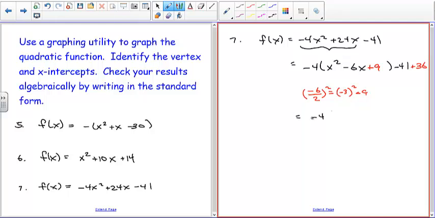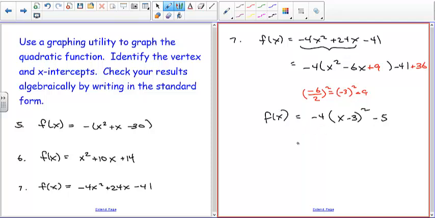Then we take the term in the parentheses and write that as a complete square, which is going to be x minus 3, quantity squared. And then we have negative 41 plus 36, which is negative 5. Okay, so that's standard form.